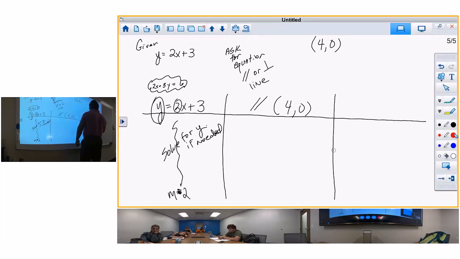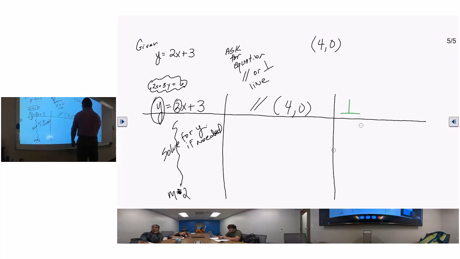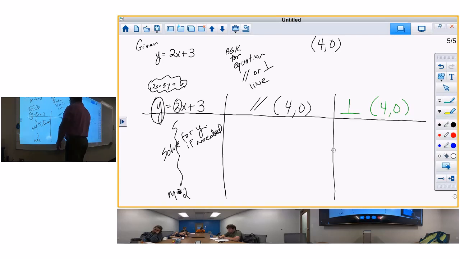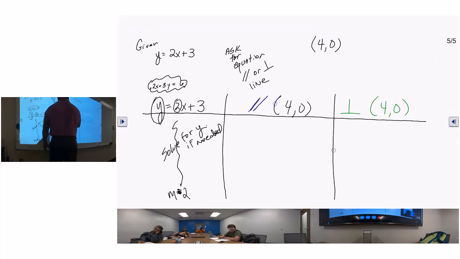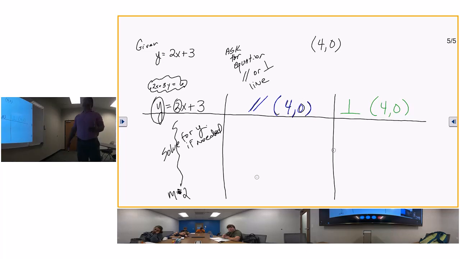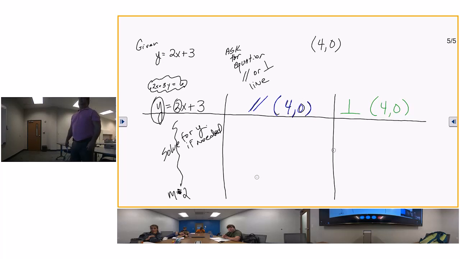I'm going to do this in green, and this in blue. So I tell my students to set it up like this, so that when they do each one of these problems, they can do the parallel and the perpendicular, and by the time they take the test, they'll be fluent with both of them.